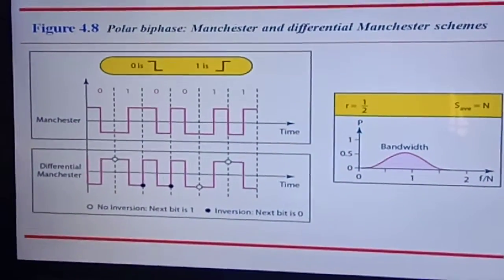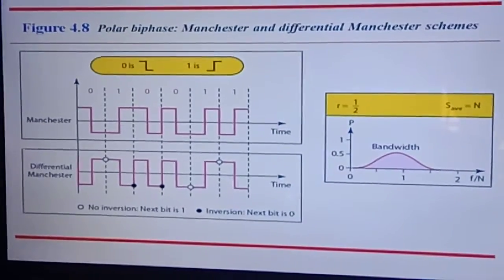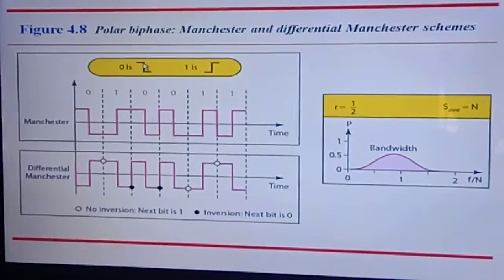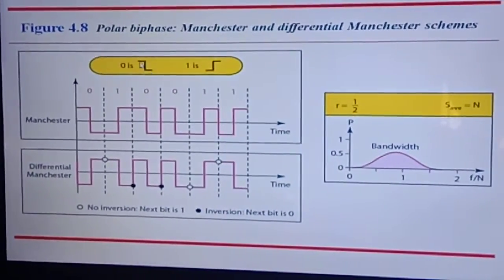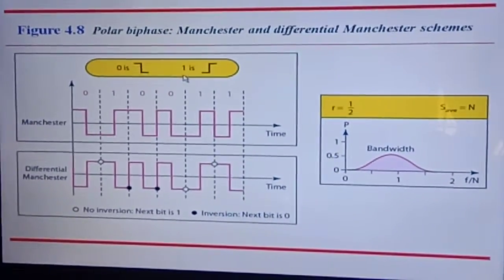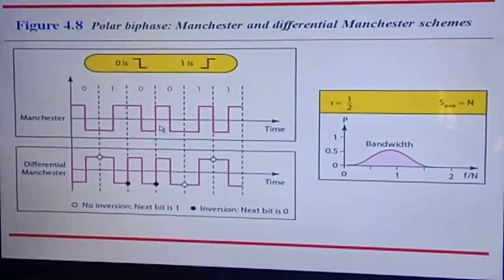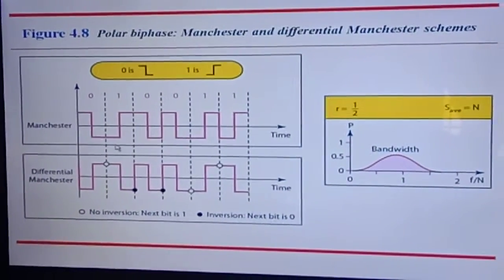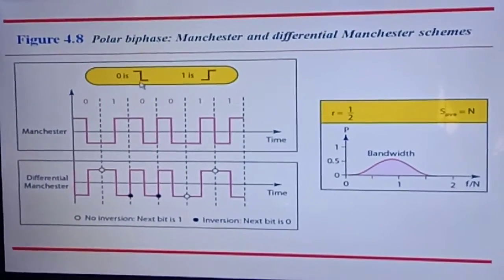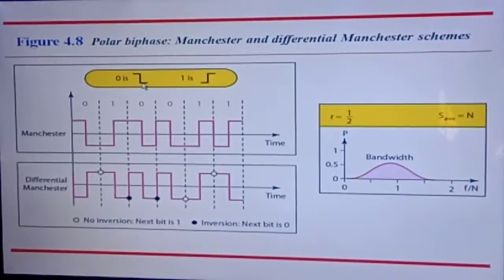So for the signal representation of these two methods, 0 is always from positive to negative, that is, high to low. 1 is from low to high. In the signal, the bit value is either 0 or 1 at any instance, and you have to represent the sample in this manner only.